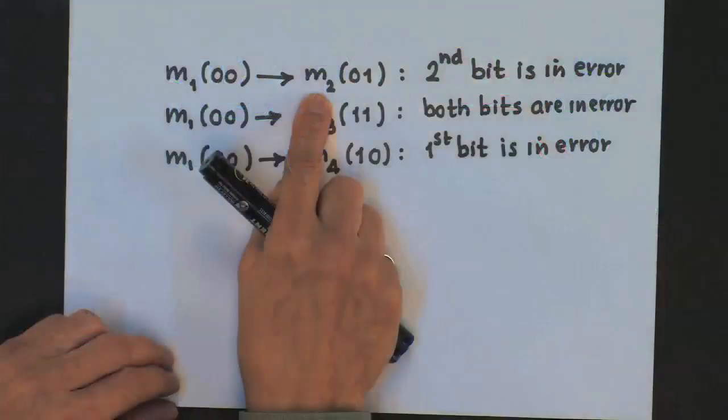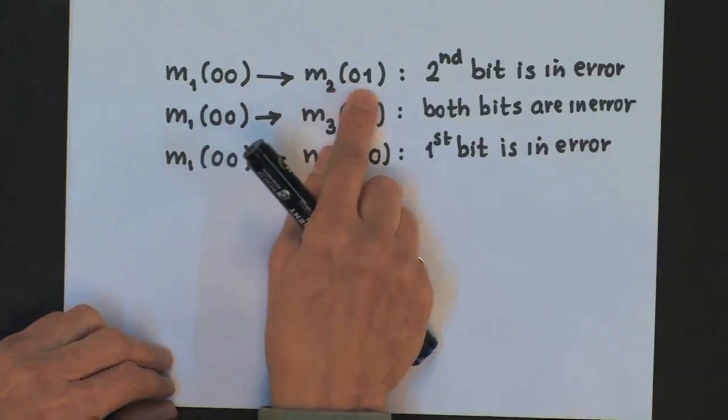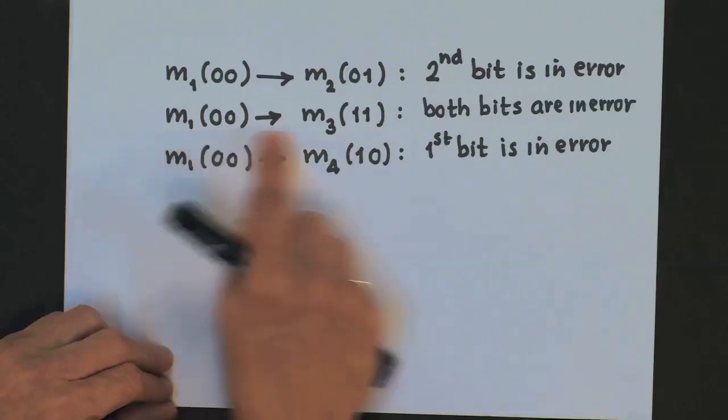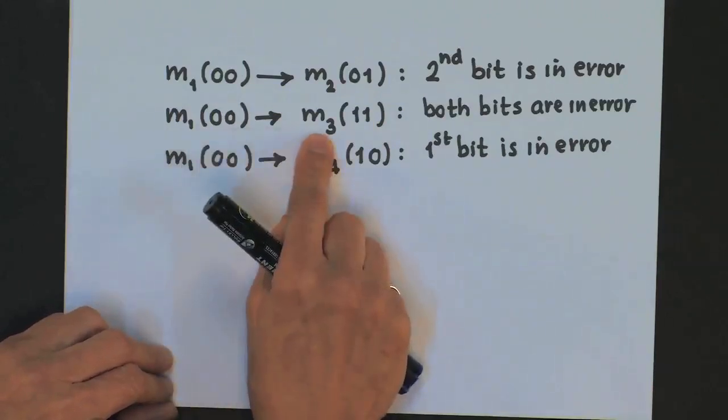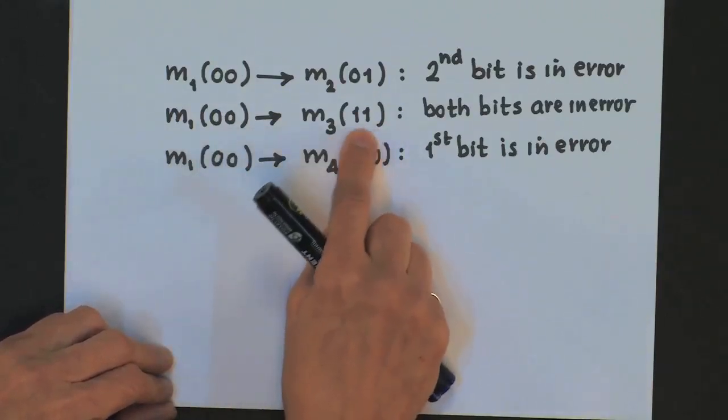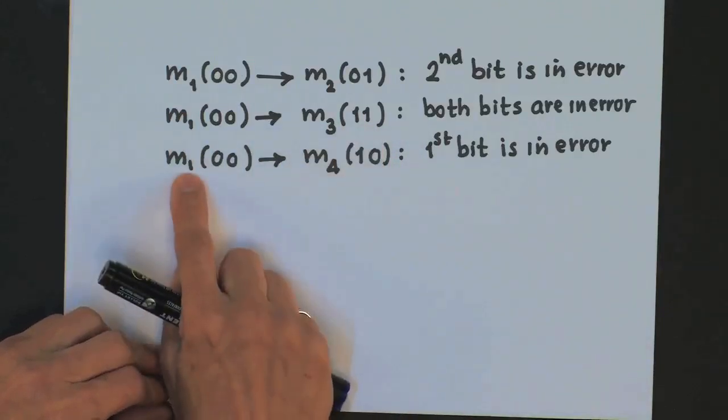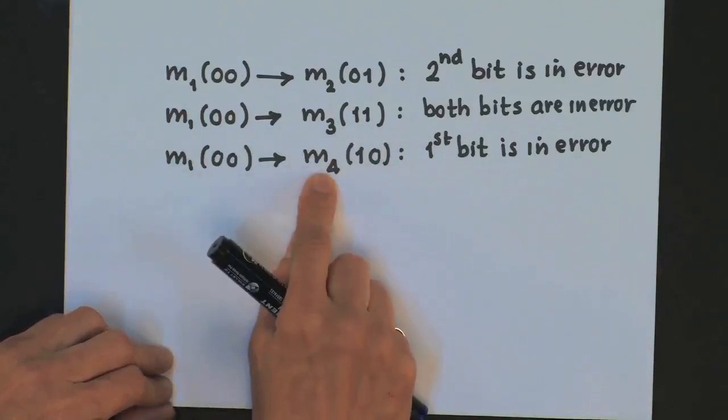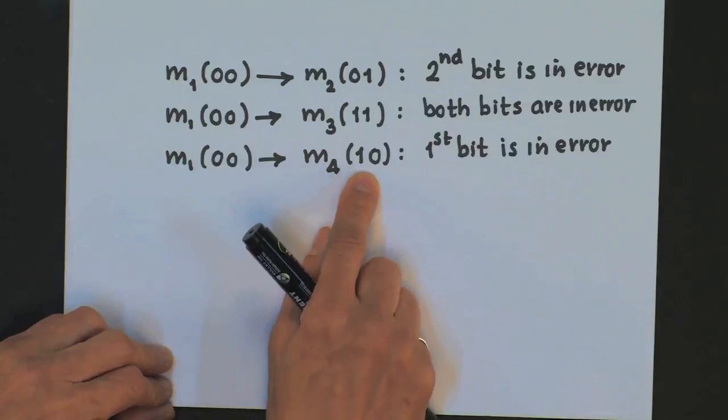So, when we have M1, this could be decoded as M2, in which case the second bit will be in error. If M1 gets decoded as M3, then both the bits will go in error, and if M1 gets decoded as M4, then only the first bit is in error.